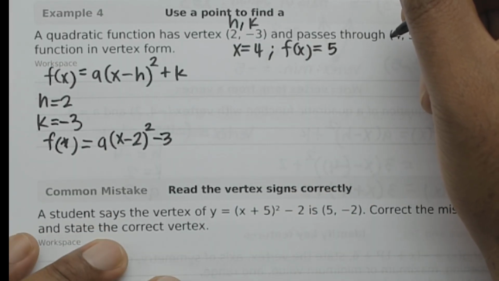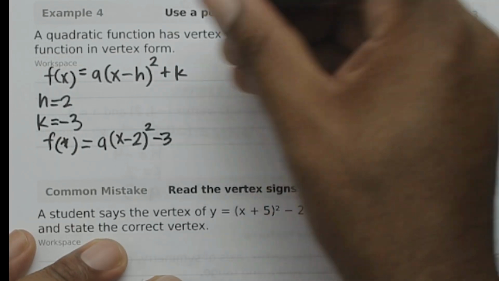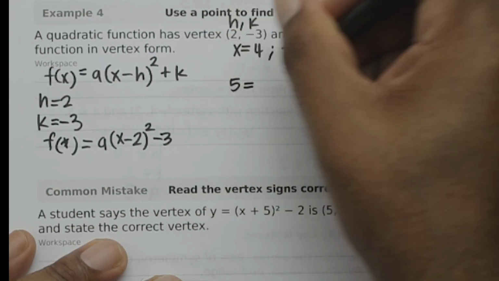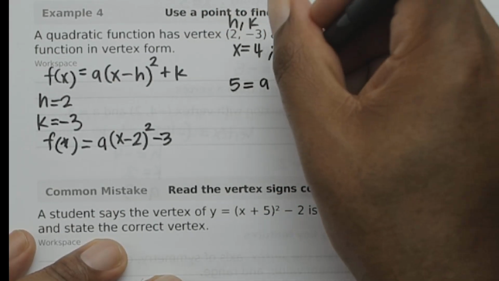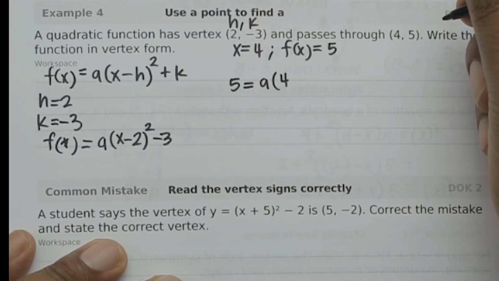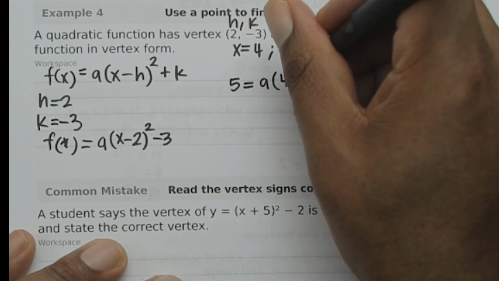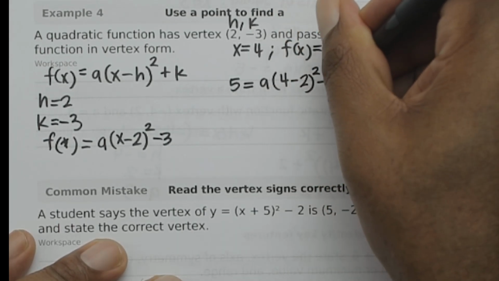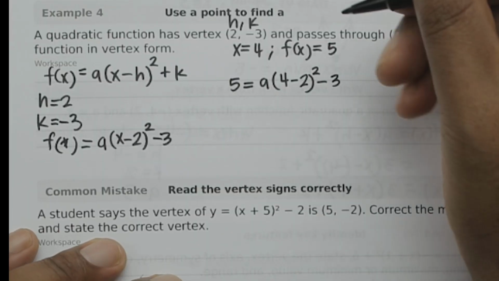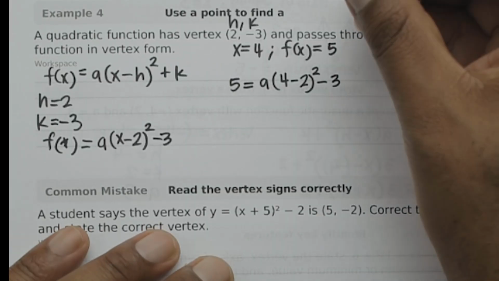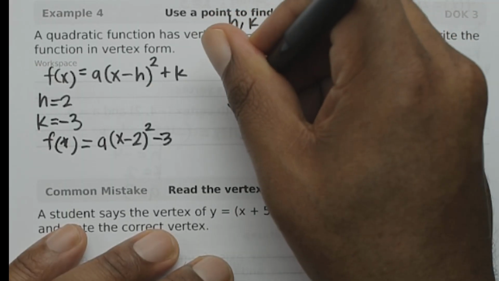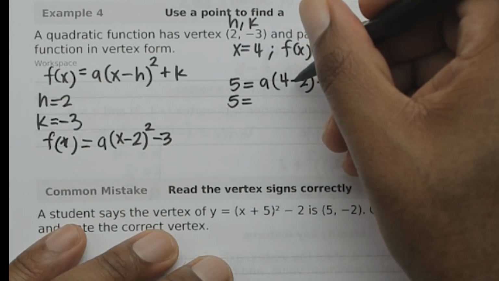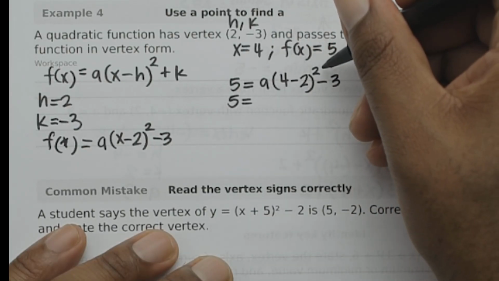So let's first of all solve for when the function is set equal to 5. So when it's 5, we have a parentheses 4 minus 2 squared minus 3, right? When that happens, we end up with 5 equals, that's going to be 2 squared.